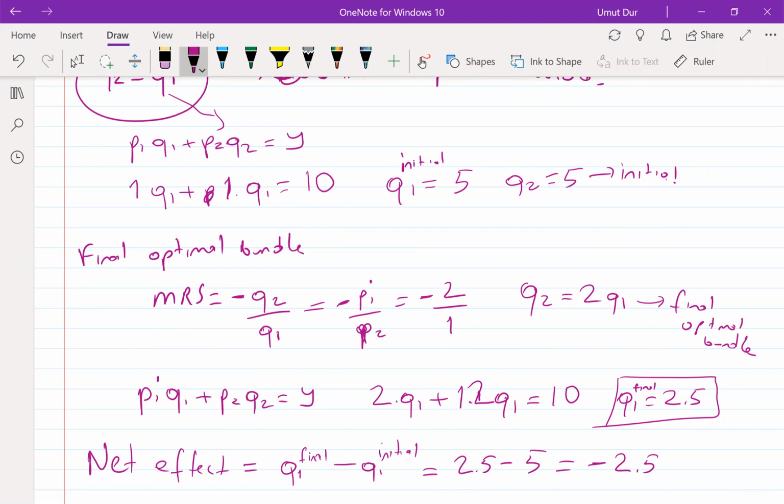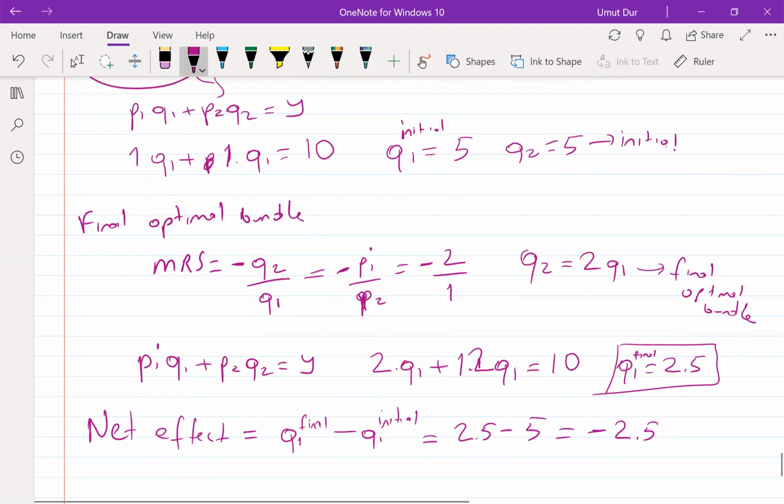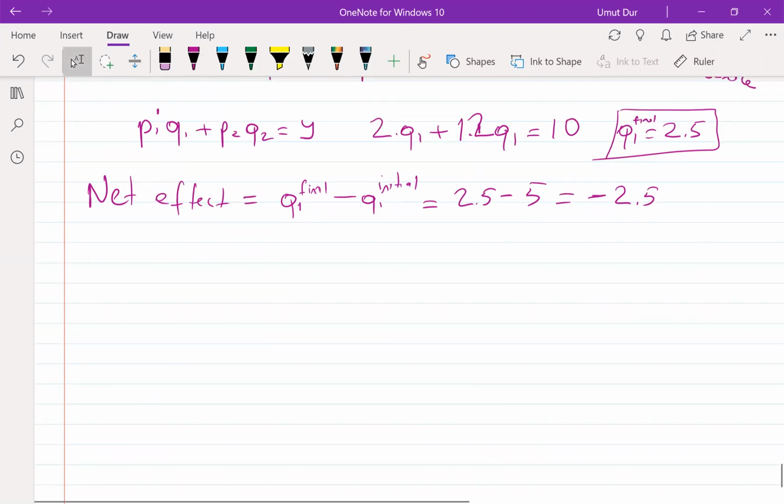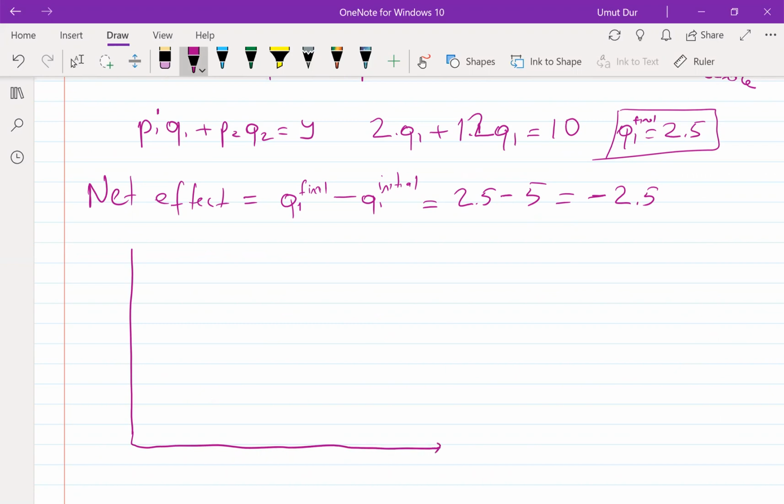So this is the net effect. Now I will decompose it into the substitution effect and the income effect. Before that, let me draw the final optimum bundle and the initial optimum bundle on the graph.